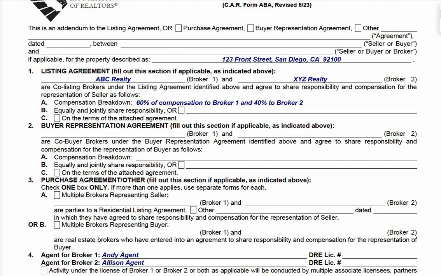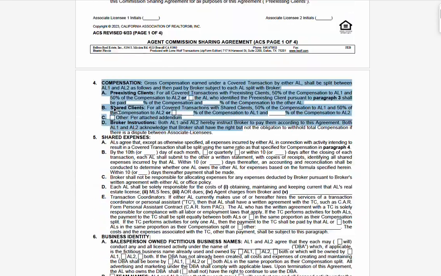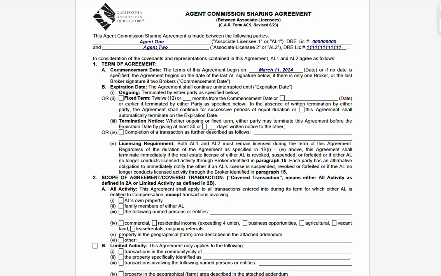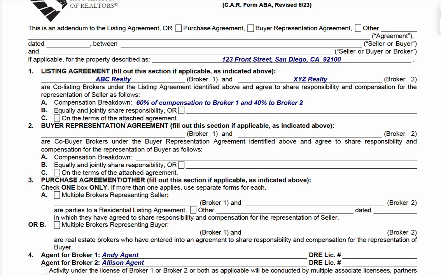The ACS form basically covers it for you with boilerplate verbiage. Again, at the very least, put something up on 1A and just ignore 1B. You have the same options under the buyer representation agreement, which probably is extremely rarely, if ever, used.